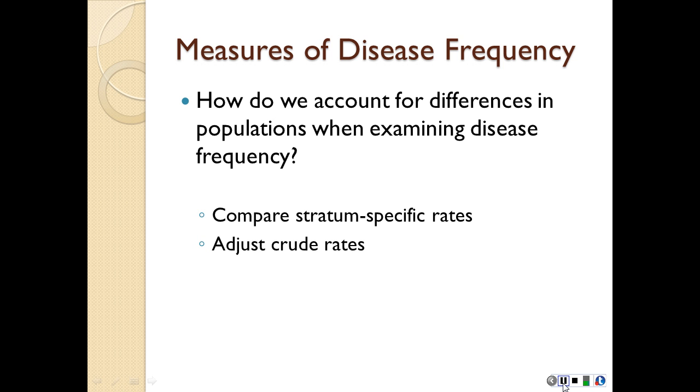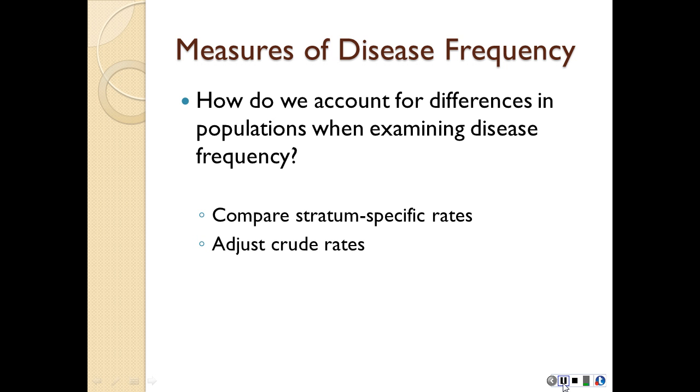And we do that by either comparing stratum-specific rates or we compare adjusted rates. So what we could do is we could stratify based on gender, right? So we would stratify based on gender and we would find out, oh my goodness, look, there are so many more women in the women's studies class than there are in this particular class here. Maybe we would just want to compare amongst the women, which would be a fair comparison, right?